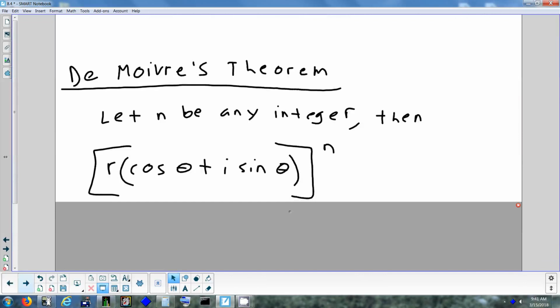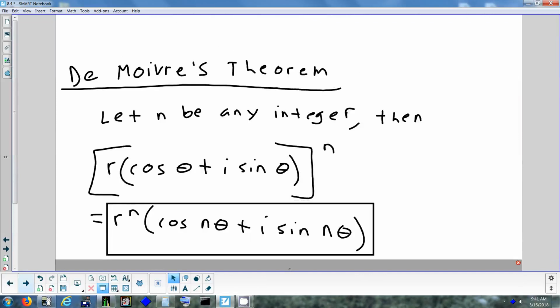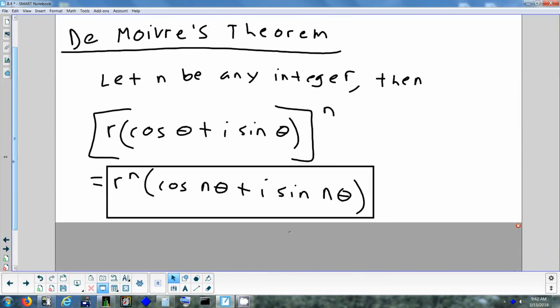So if you have a complex number in trig form, and you want to raise it to a power, take the radius, raise it to the power, take the angle, multiply it by the power. Now this one is a huge time saver.